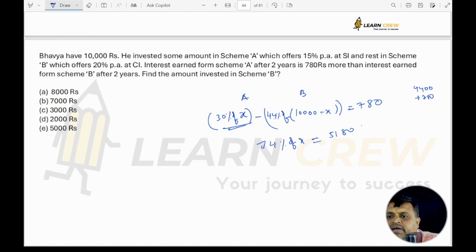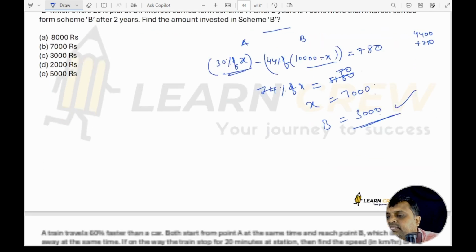So what is the value here? 74x equals 5,180, which is 74 times 70, so x is 7,000. Scheme B is 10,000 minus x, which is 3,000. So scheme A is 7,000, and scheme B is the remaining 3,000.